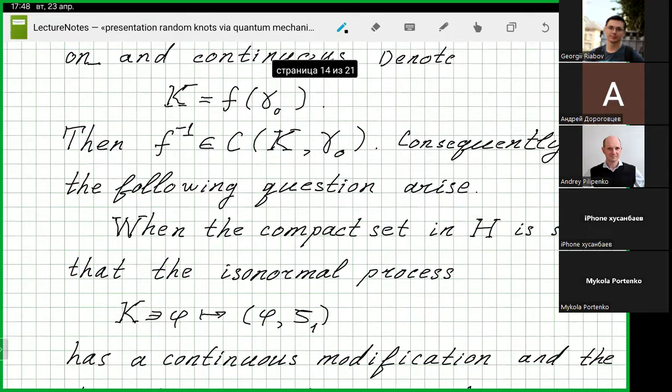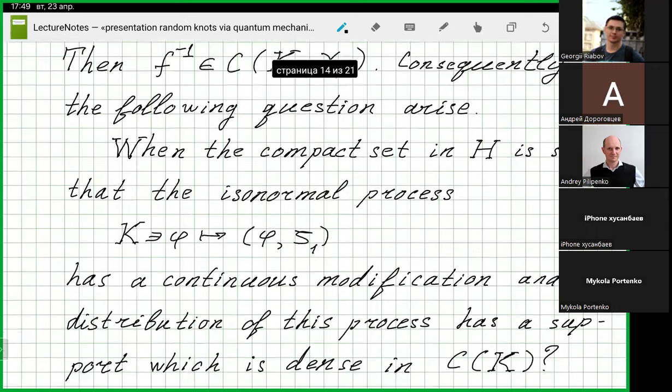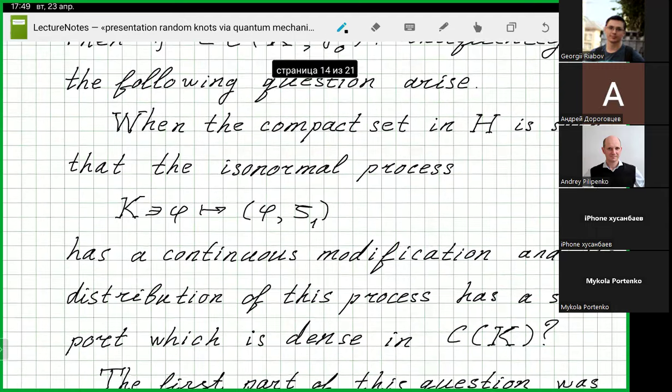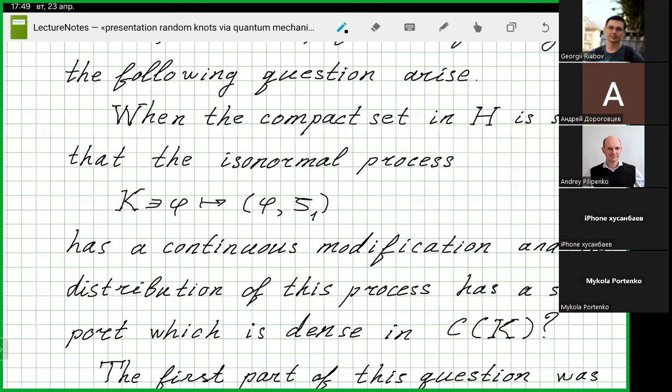Here is a question, completely from one point of view from Gaussian function processes, and from another point of view from the geometry of compacts in Hilbert space. When is a compact set in Hilbert space such that, first, the isonormal process, the scalar product with the Gaussian white noise, has a continuous modification, and secondly, the distribution of this process has a support which is dense in CK?